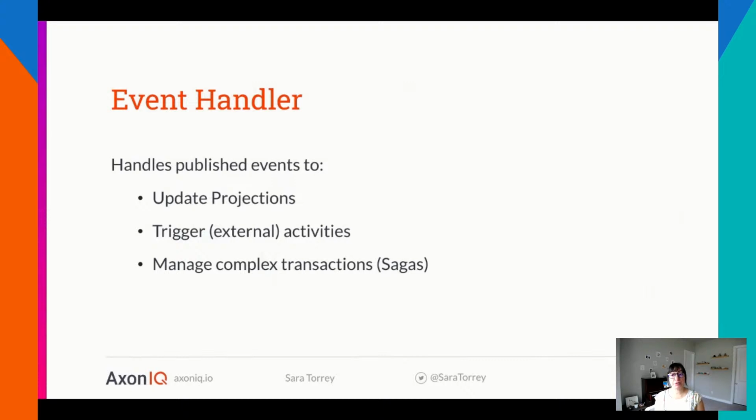It can trigger external activities like sending an email or a text, or it can manage a complex business transaction. In Axon, this is done by sagas, but we will, of course, not go through those in this session. It is a different kind of saga than what you might have in mind. But if you're interested in that, again, we do have some resources online.